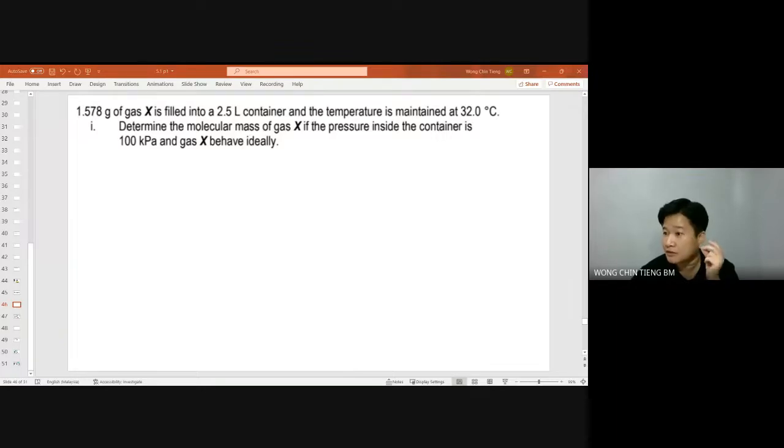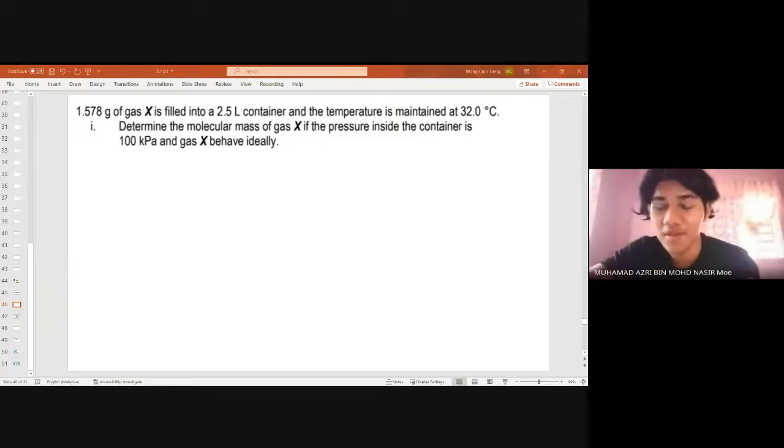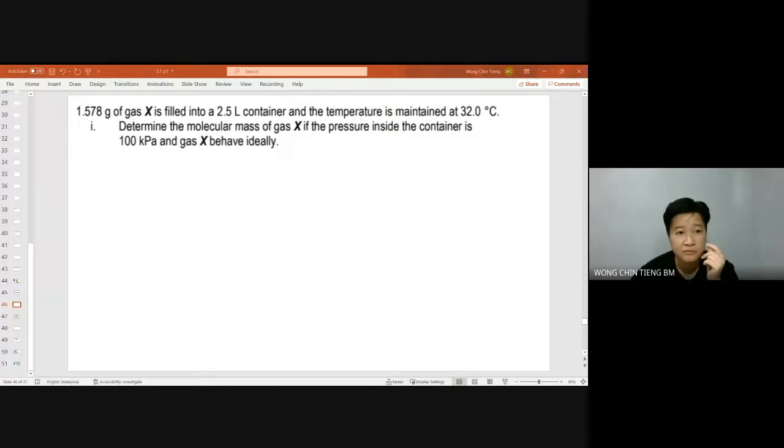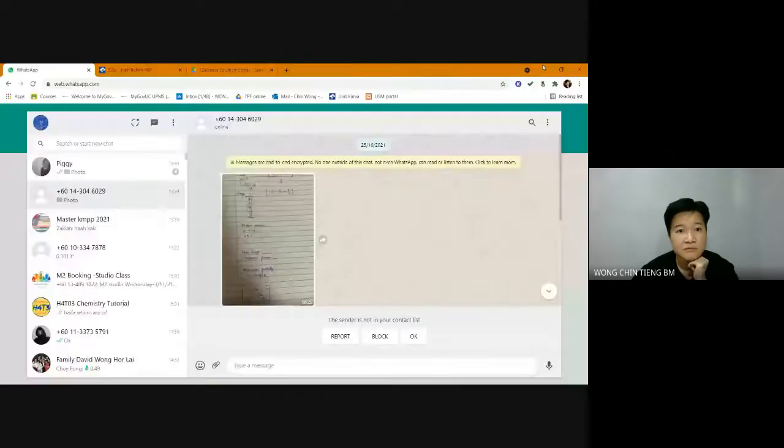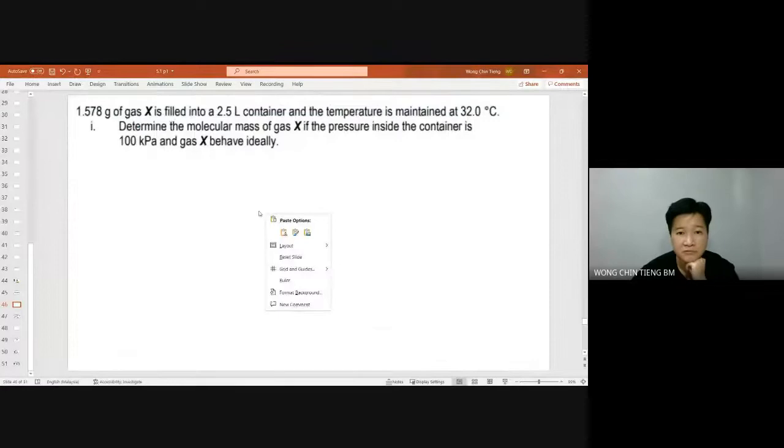Dapat apa? 16.0154. Okay, Balkis setuju? Jawapan yang hantar kat saya ni siapa punya? Diana. Okay, thank you Diana.